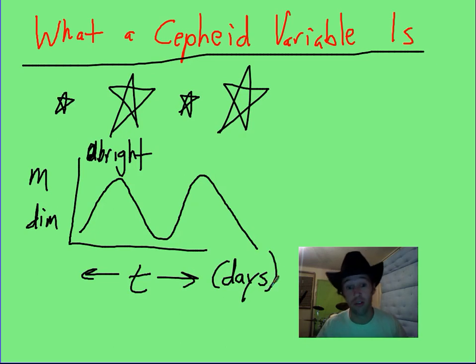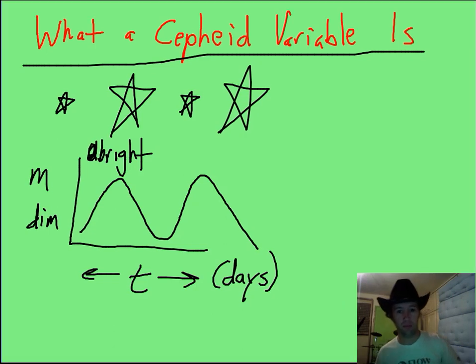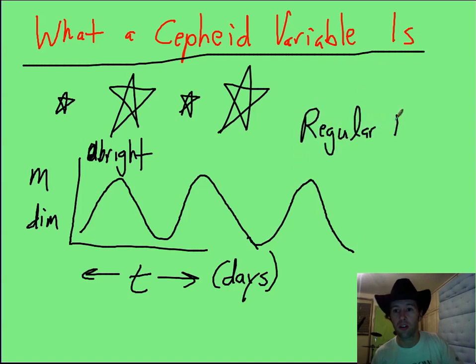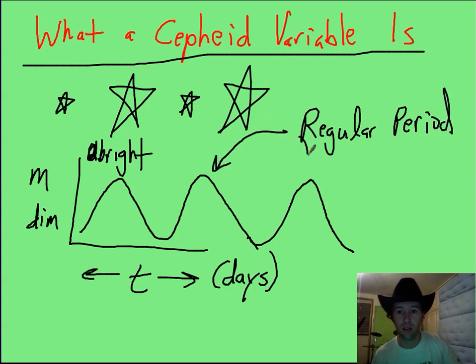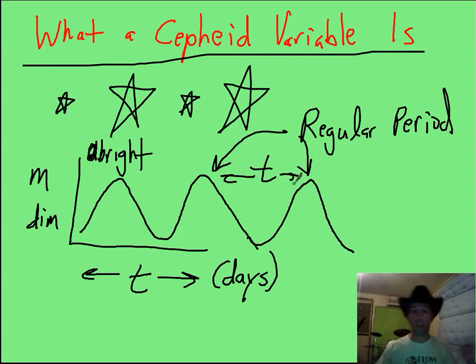This was happening for different stars. And they found, if they looked at this graph enough, that it had a very regular period that seemed to never ever change. And different stars had different periods that they found. Only these Cepheid variable types.